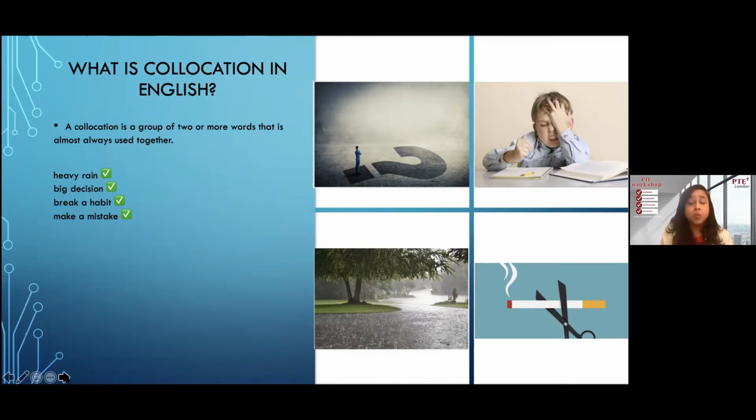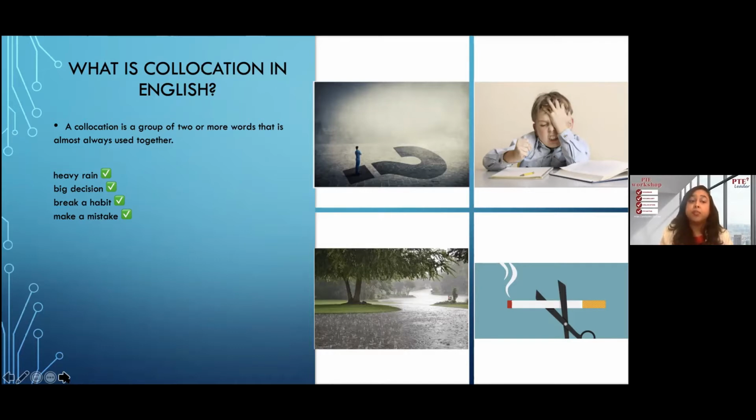Big decision, we know what a big decision is. Big decisions means decisions which have quite a good influence on your overall life. Break a habit, what is the meaning of break a habit? Break a habit means when you have a habit which is very detrimental for your health or your social well-being, so you stop doing that. You remove that habit from your life.